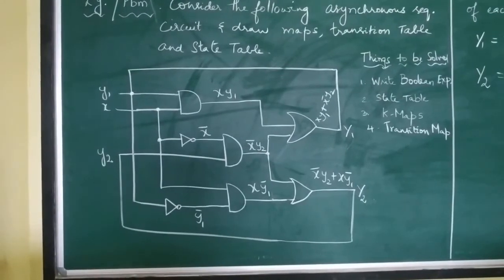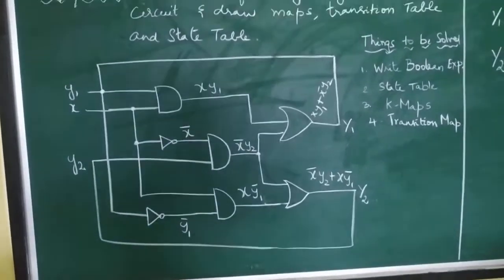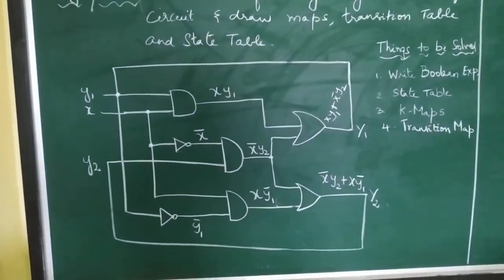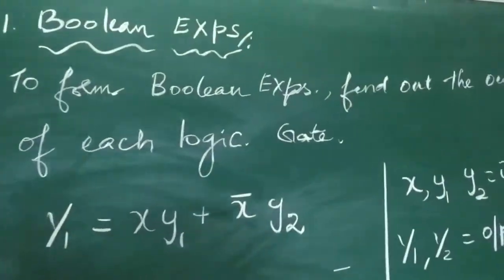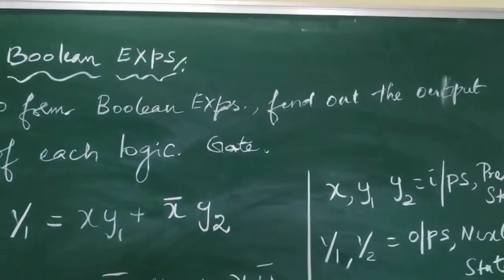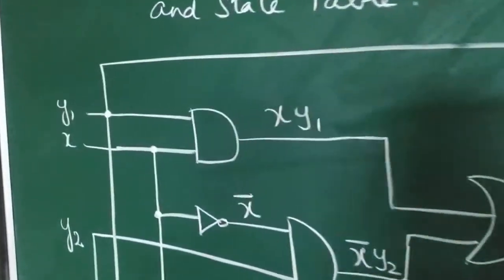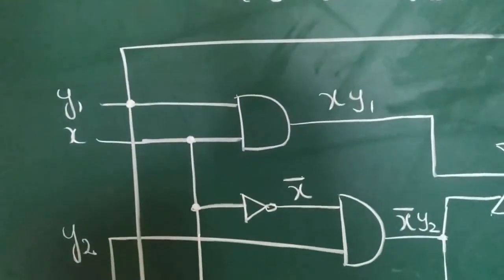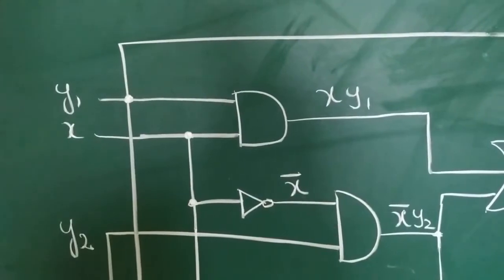In order to write the Boolean expressions, first we have to write the output of each logic gate. That's what I have given here. First, the AND gate: what are the inputs? y1 and x.